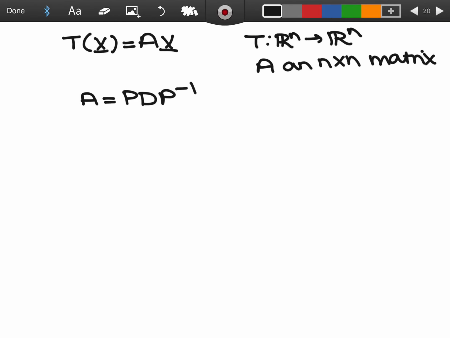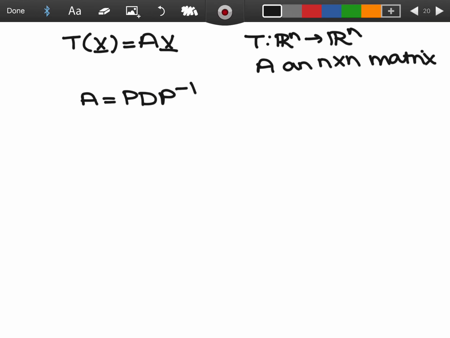So as long as the dimension of the eigenspaces is the same as the multiplicity of the associated eigenvalue, that means that I can diagonalize a matrix, okay?